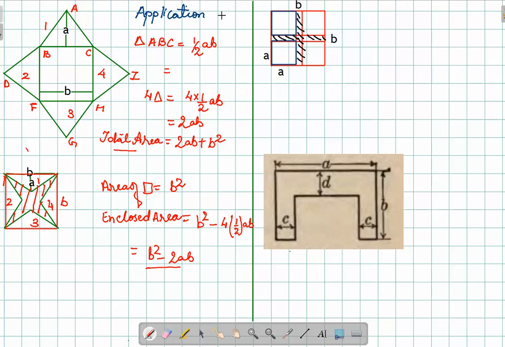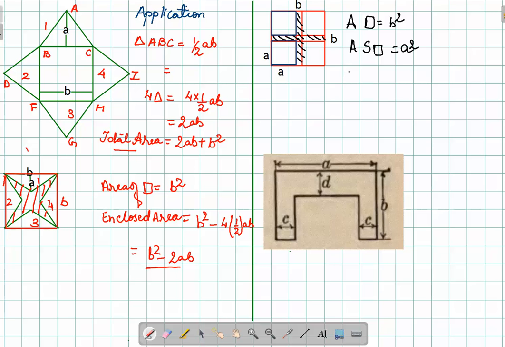So to find the area of the crossroad, the first thing we can do is find the area of the big square, which is there in red. I'll just call it A. The area of the big square is B square. The area of the small square, that is the blue square, is A square. Now from the big square, first I can remove all the four squares.